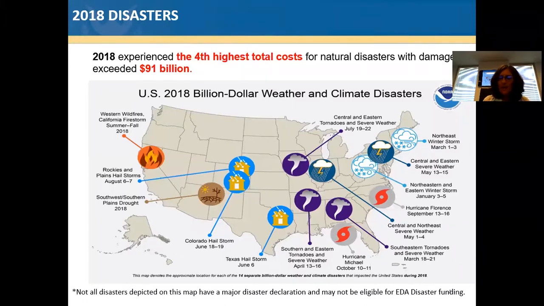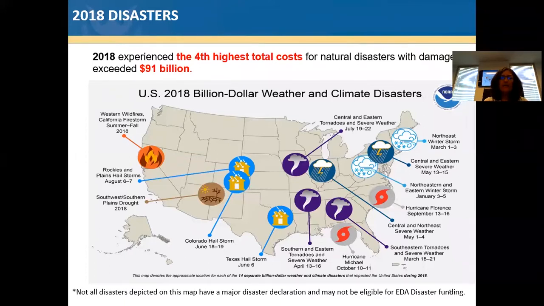I just want to say, while the news may move on from a disaster after a period of months, we know that to many, their lives have not gotten back to normal. In this disaster supplemental, we have the chance to assist individuals and communities from the impacts of 2 years of disasters.